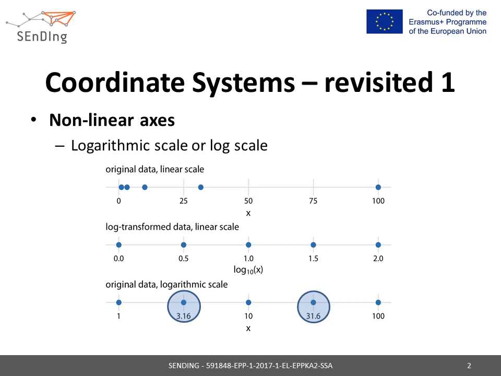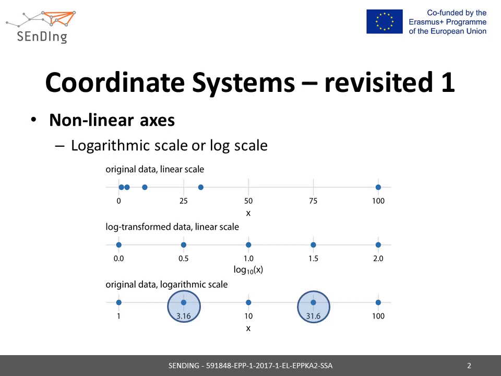Log scales are linear in multiplication, such that a unit step on the scale corresponds to multiplication with a fixed value. To create a log scale, we need to log transform the data values while exponentiating the numbers that are shown along the axis grid lines.